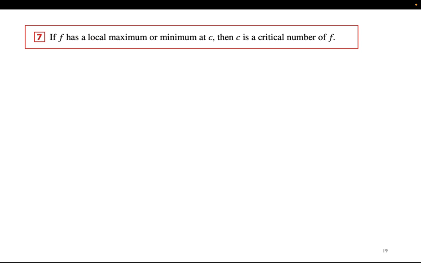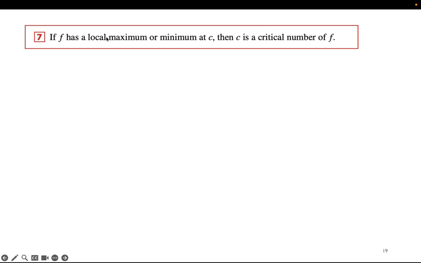Okay, so here comes a very important thing that ties everything together. If I'm looking for a local maximum or local minimum, then I can only find them at critical numbers. Now, just because something is a critical number, that doesn't mean it gives you a maximum or minimum.